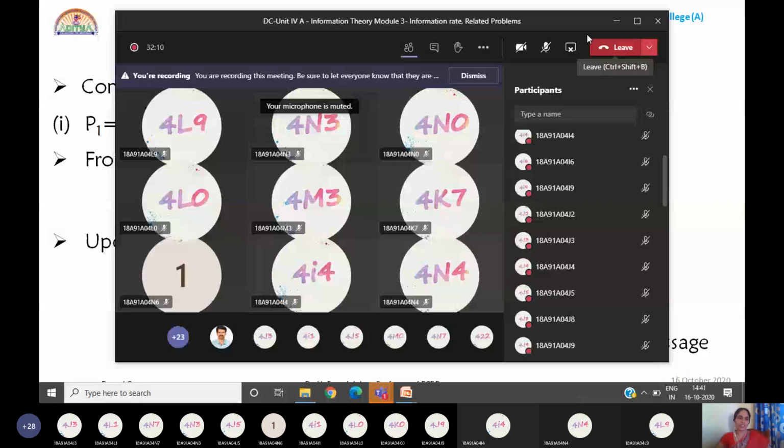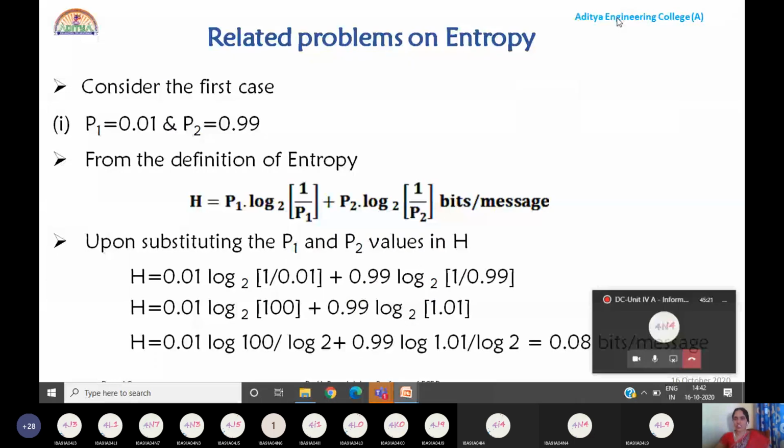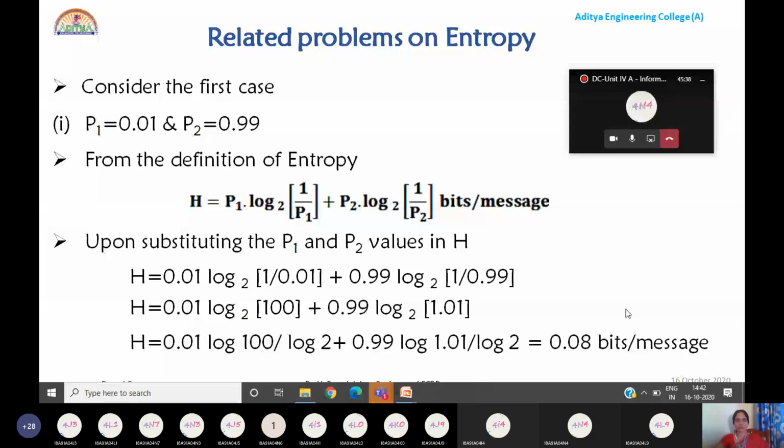I don't call the roll number because no one is responding. So what is log 100 base 2? Log 100 base 2 is 6.64, ma'am.